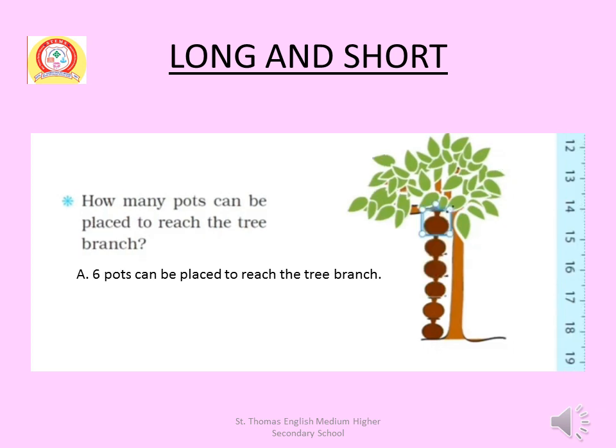Here we see that the top pot has touched the branch. So, let us count the pots. 1, 2, 3, 4, 5, 6. So, the answer is 6 pots can be placed to reach the tree branch.